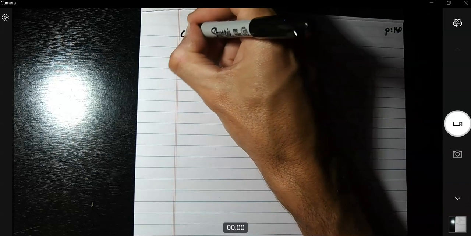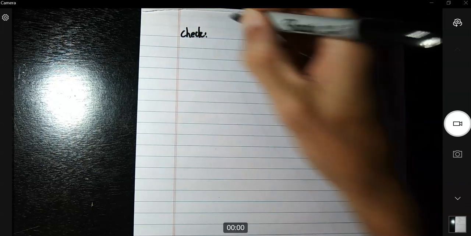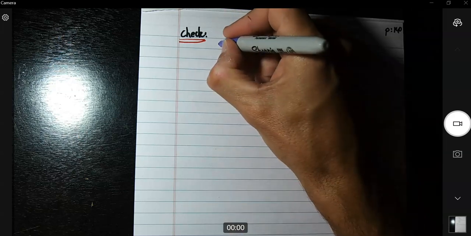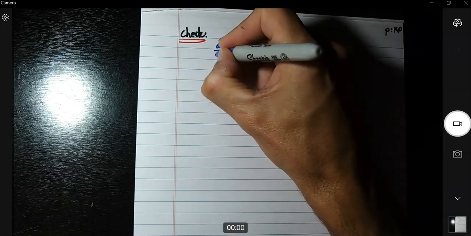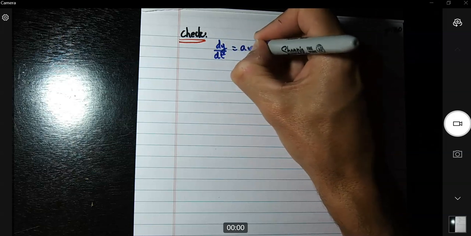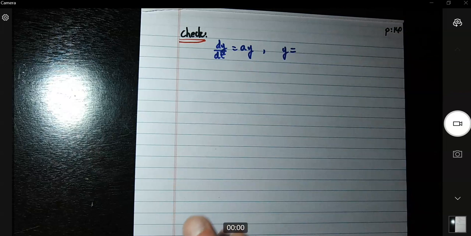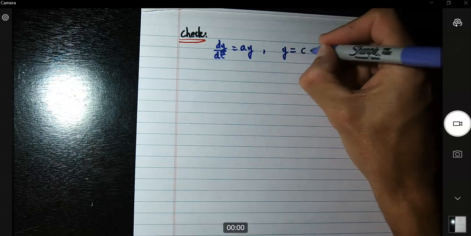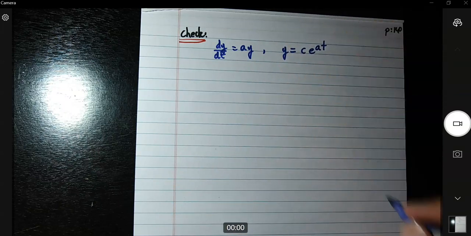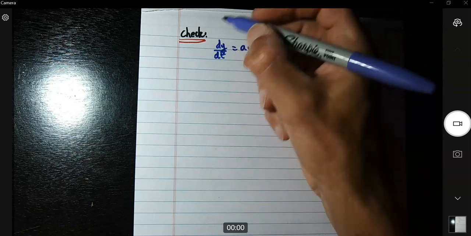So page 140, let's go and check. We have the equation dy/dt equal ay, and we're assuming that y would be equal to c exponential a t.